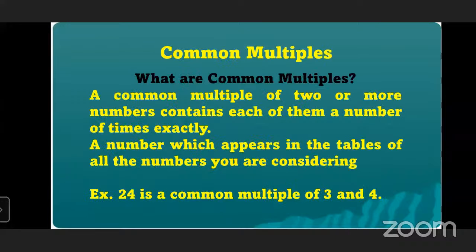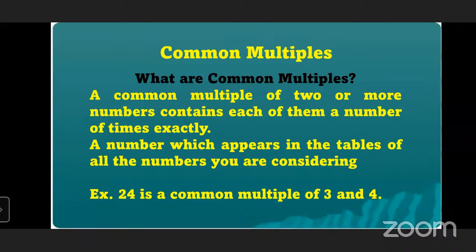Now, what are common multiples? A common multiple of 2 or more numbers contains each of them a number of times exactly. It is a number which appears in the table of all the numbers you are considering. Now, we have seen multiples and common multiples.